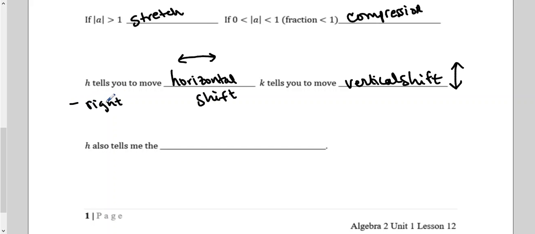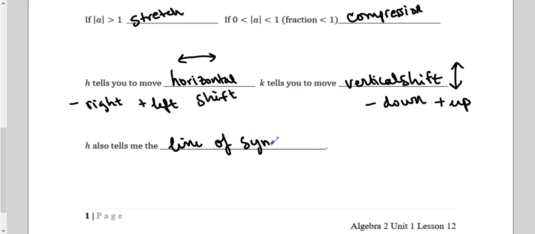It kind of goes against your instinct, but it moves to the right. If it's a positive, it moves to the left. For the vertical shift, if it's negative, it moves down. If it's positive, it moves up. And then the h also tells you the line of symmetry, and the way we write it is x equals h.